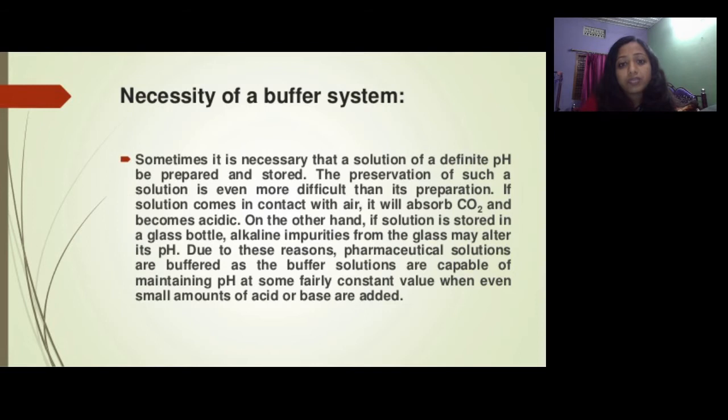But it becomes very difficult because if the solution comes in contact with air, it will absorb carbon dioxide and become acidic. On the other hand, if the solution is stored in a glass bottle, alkaline impurities from the glass may alter its pH. Due to these reasons, pharmaceutical solutions are buffered, as buffer solutions are capable of maintaining pH at some fairly constant values even when small amounts of acid or bases are added.